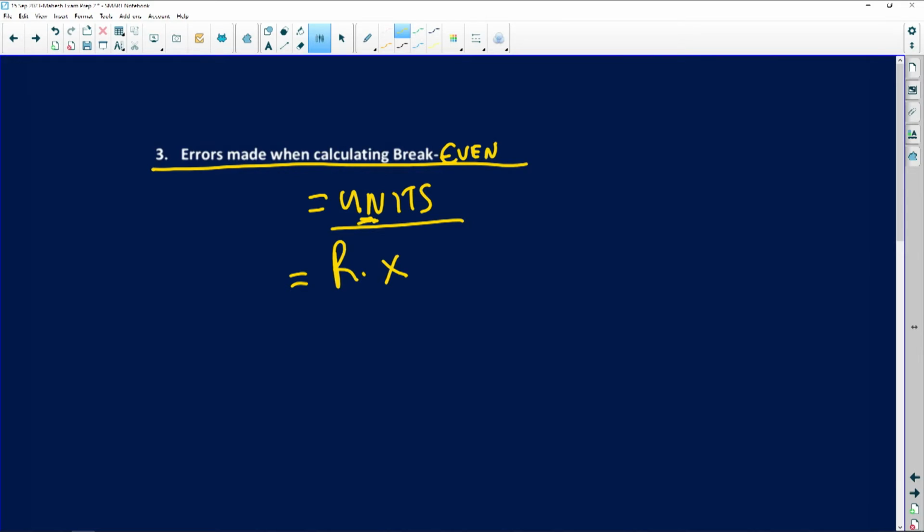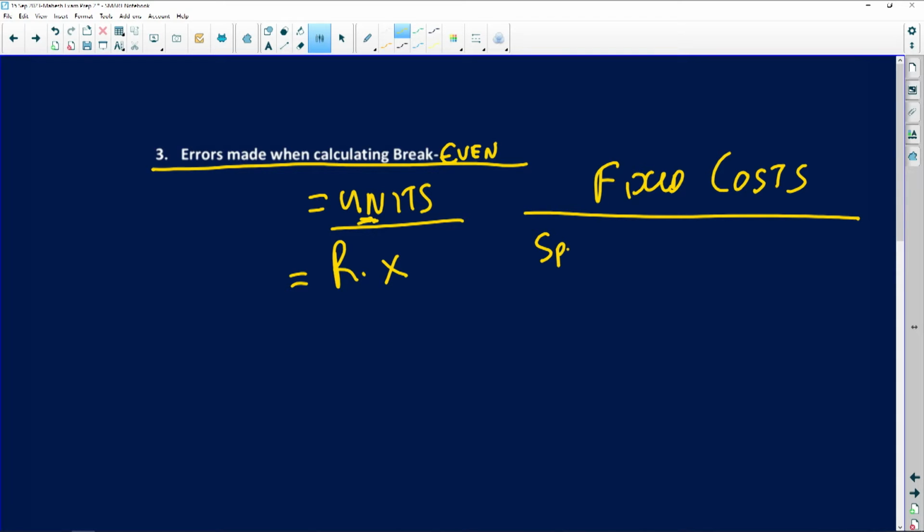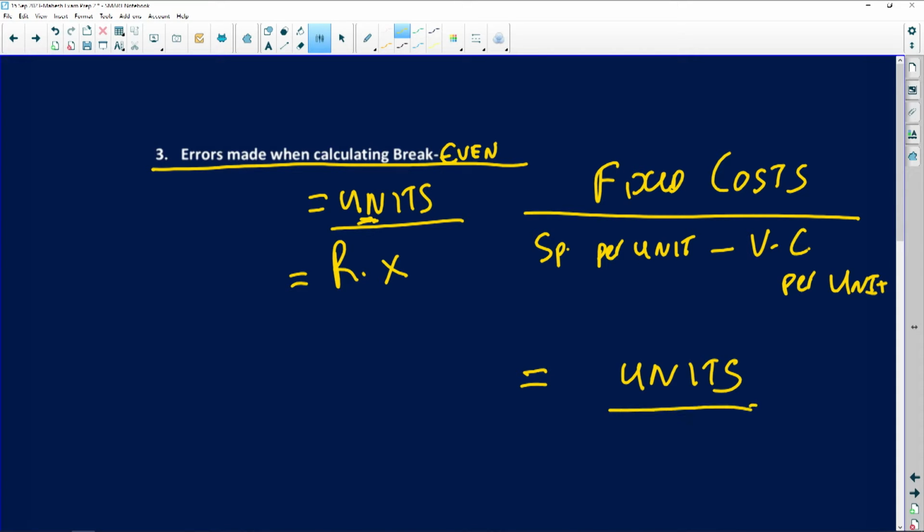So when you're calculating break even, we all know it's total fixed cost divided by selling price per unit minus variable cost per unit. Okay, so your final answer obviously needs to be units, right?